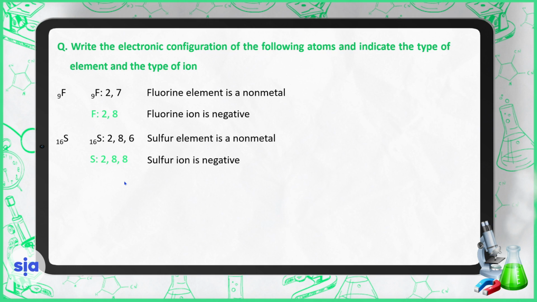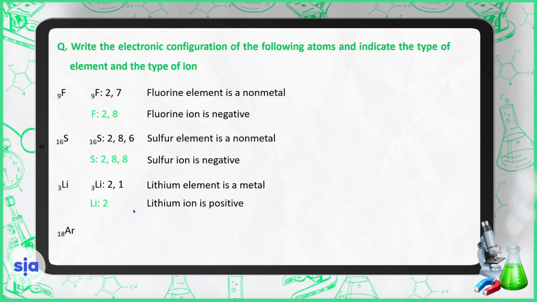And the sulfur ion is a negative ion. Another example, lithium with only 3 electrons. So 2 electrons in the inner energy level and only 1 in the outer. Lithium is a metal because its outer energy level has less than 4 electrons. When it will participate in a chemical reaction, it will lose 1 electron and the ion will become positive.